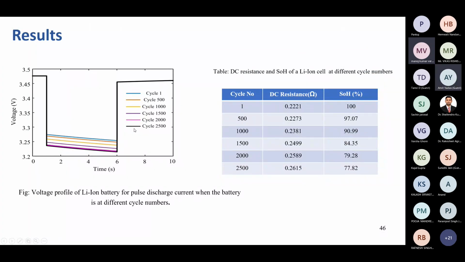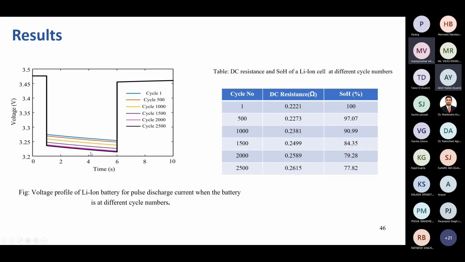We can see in this, with the colored definition here, cycle 1 and cycle 500. As the number of cycles increases, you can see that the black one shows that the resistance is more over a period of time, and we can see the transient period.